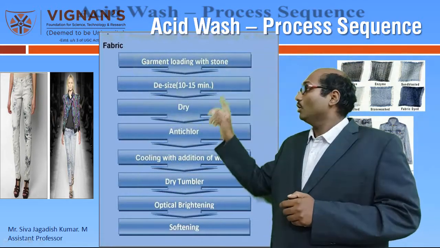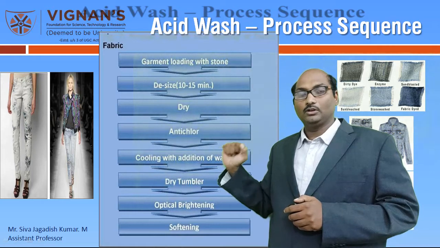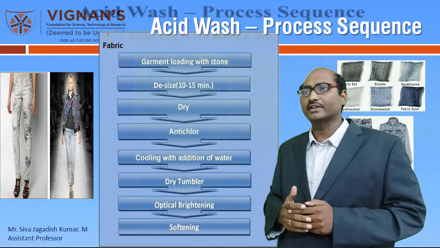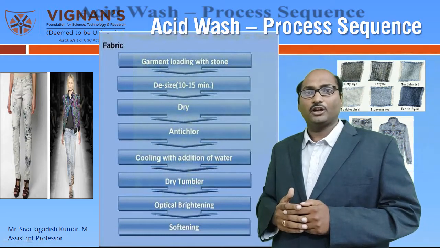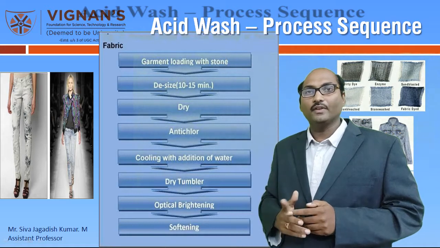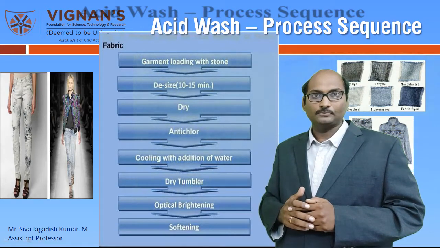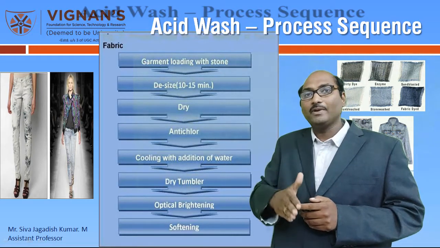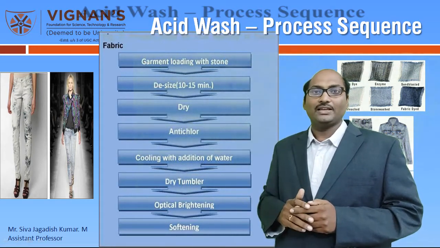The garments are loaded with the stones, and obviously they need to be desized. As we discussed earlier, for denim manufacturing, the warp has dyeing and sizing in a simultaneous process. Once the dyeing is over, the sizing is done on top of it, and it is directly manufactured as a garment.